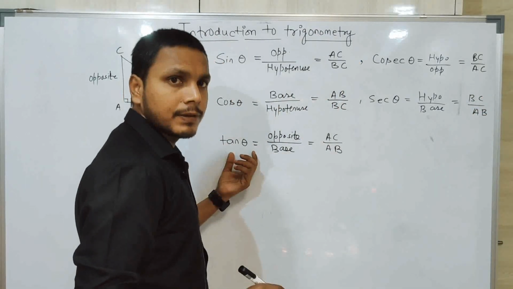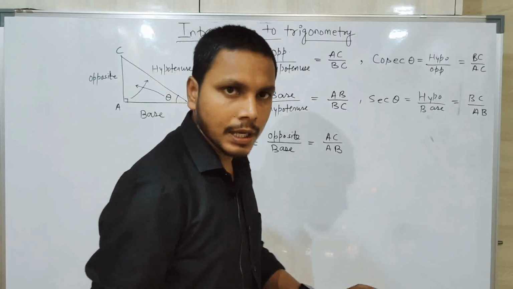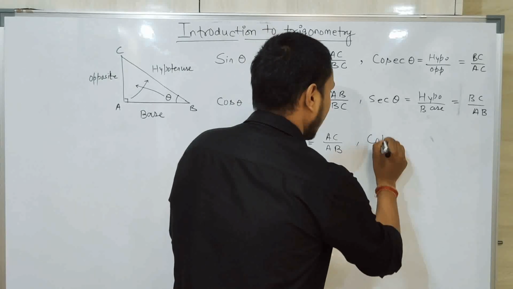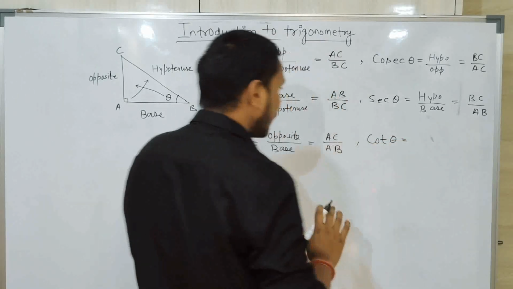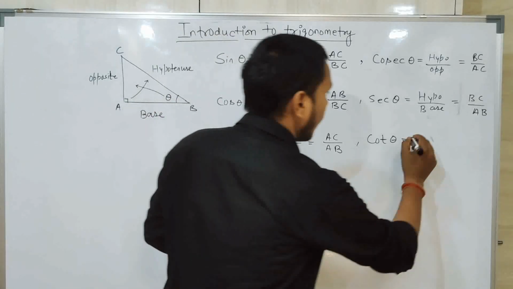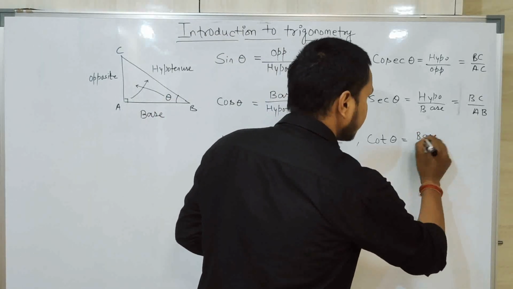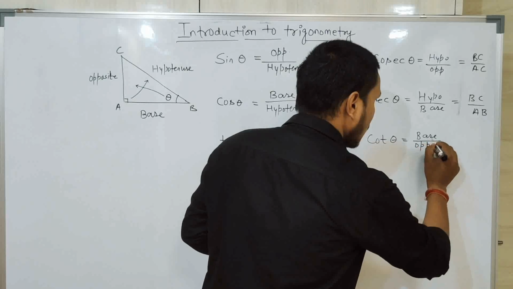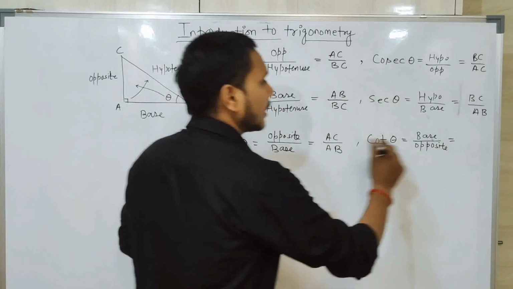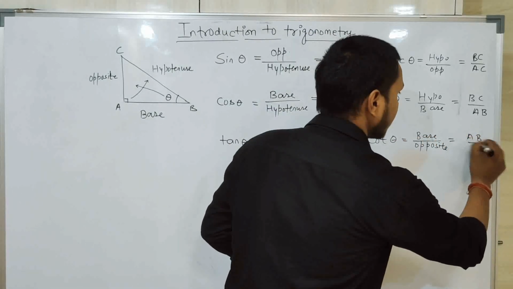The reciprocal of tan theta is cot theta, cotangent, which is base upon opposite, and in side form AB by AC.